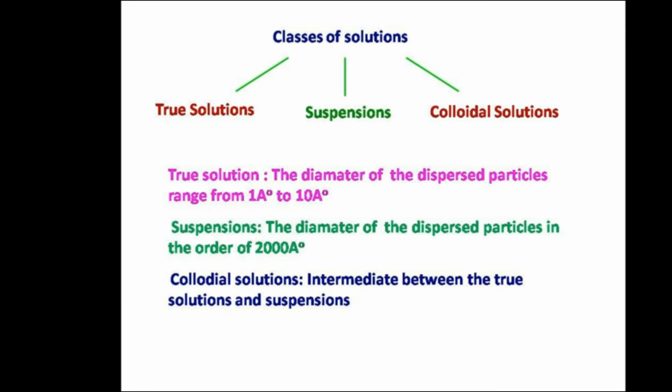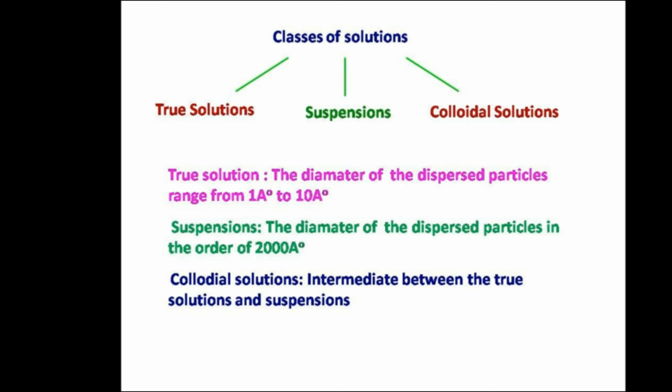In the year 1861, the scientist Thomas Graham studied the ability of substances to diffuse into water through a permeable membrane. He observed that particles like sodium chloride, sugar and urea passed through, whereas substances like glue, gum and gelatin did not.